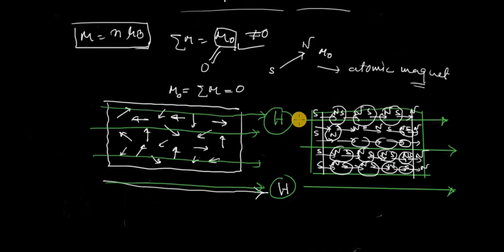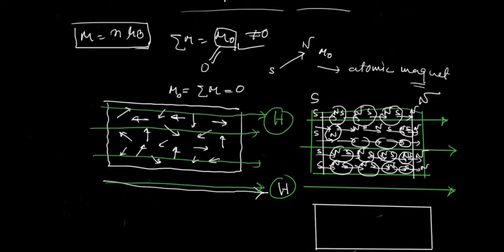These S poles are not neutralized, because there are no N poles to neutralize them. Similarly, the same thing happens here: for these N poles, there are no S poles to neutralize them. So as a result, we have a resultant S pole on this side and an N pole on this side. That means the total sample now becomes one side.